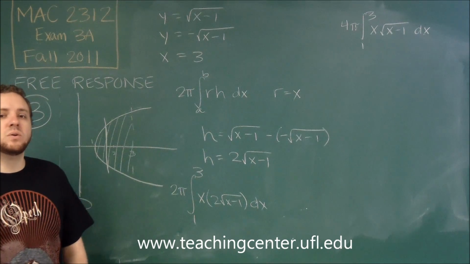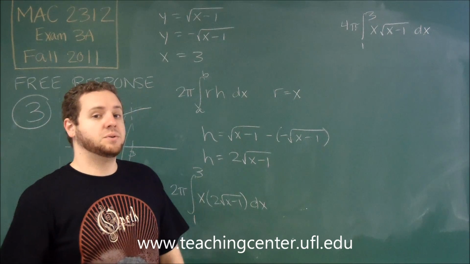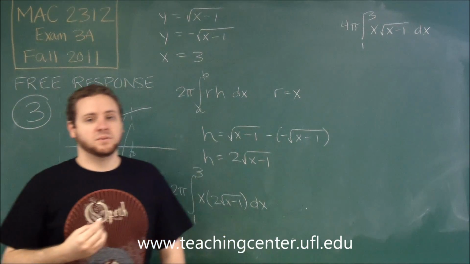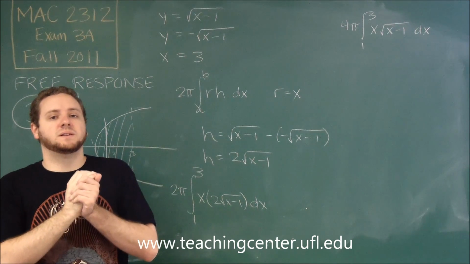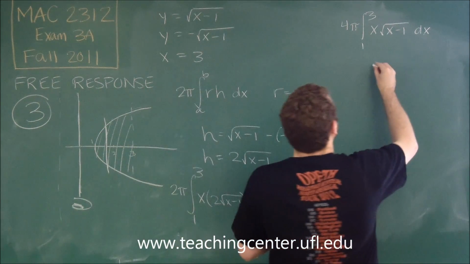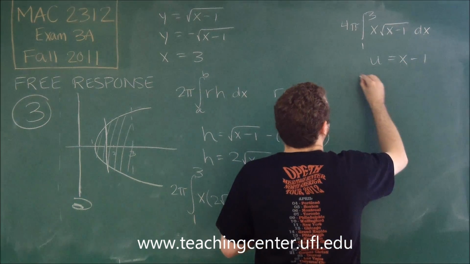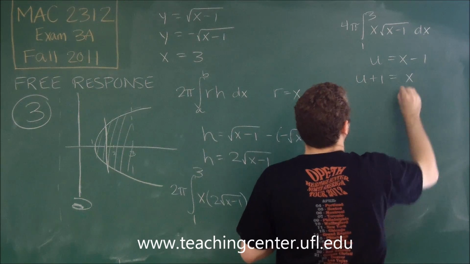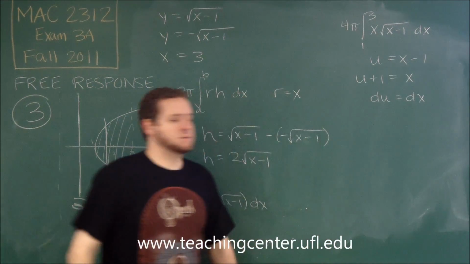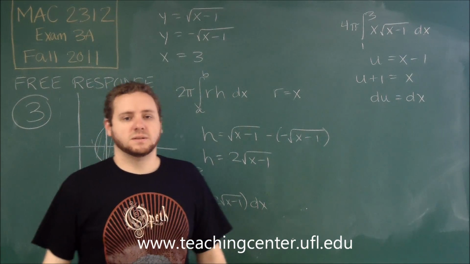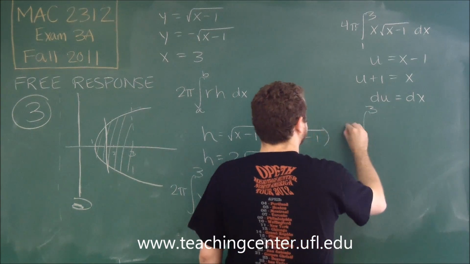But if I could make it so that what's under the root is just a single term instead of 2, then I could distribute it back to the others. So this is one of those ones where you're just going to use u substitution to switch around a subtraction. What we want is u to be x minus 1, which means u plus 1 equals x. And in this substitution, du is just equal to dx, so we don't have to do anything special for our substitution.